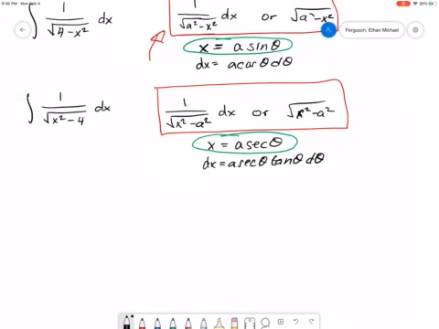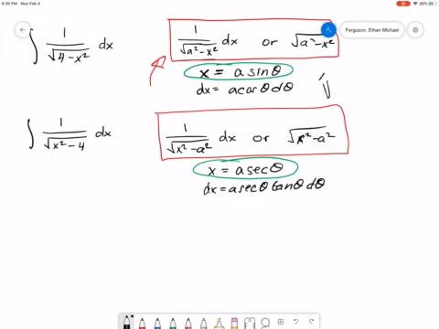So the difference that we saw between these two is the placement of the x squared and the a squared. And a is just any constant. So in this example, 4 was our a squared. You saw the a squared, that's the 4. And then you take the square root to find the a, which is 2. So the a is just a constant.